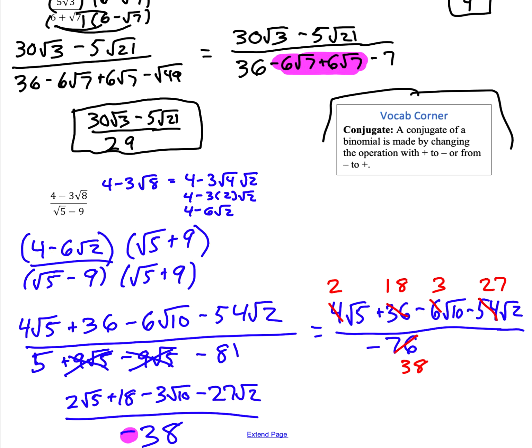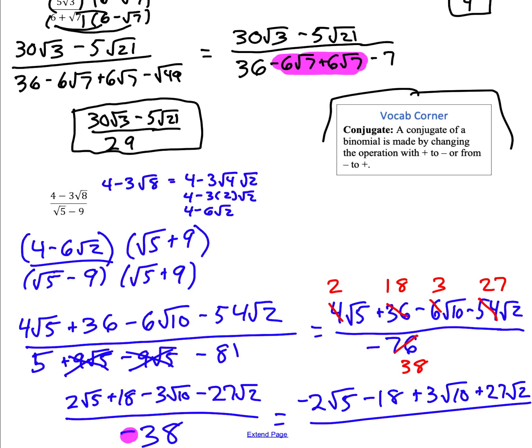So we're going to bring that negative up to the top and just change each sign in that numerator. So this is equal to negative 2 radical 5 minus 18 plus 3 radical 10 plus 27 radical 2 all over 38. And that is our final answer. Completely simplified.